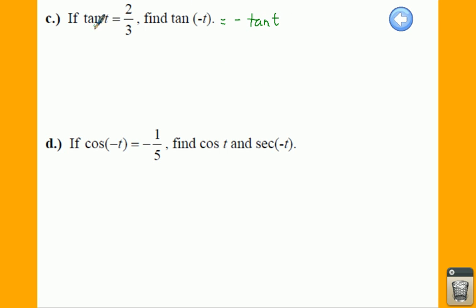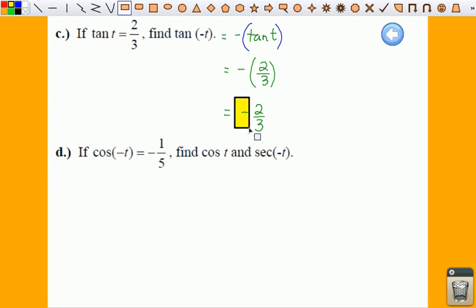So if tangent of t is equal to 2/3, if you put this in parentheses, you're really getting a negative, and then take the tangent of t out and you plug in a 2/3. Here your solution is negative 2/3. And what we did is just use our even and odd properties to help us figure that out.